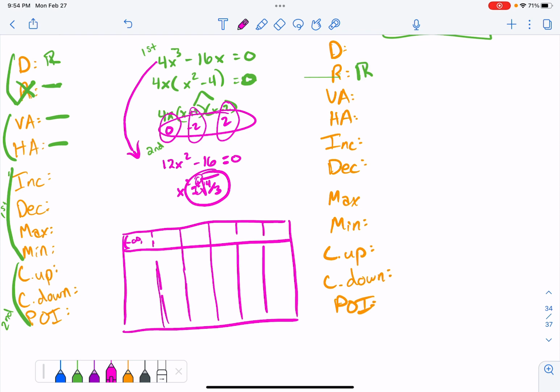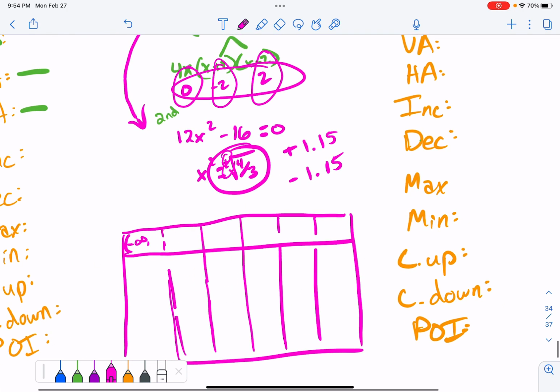Negative infinity to negative 2, and the square root of 4 thirds. Hold on, let's see where that guy lives. 4 thirds, and then the square root of that is 1.15. So this is positive 1.15, and this is negative 1.15. Okay, so first would be negative infinity to negative 2.